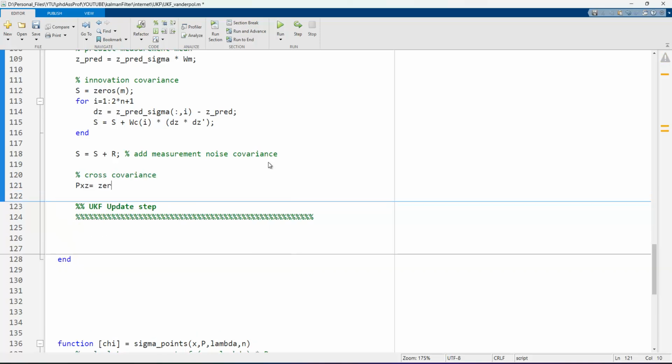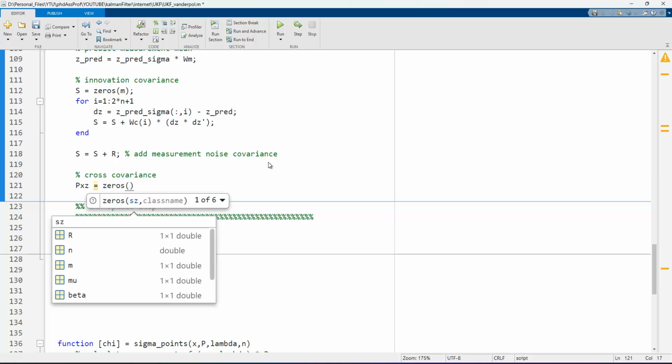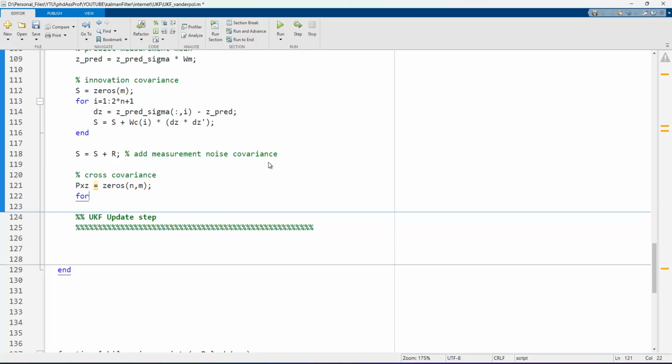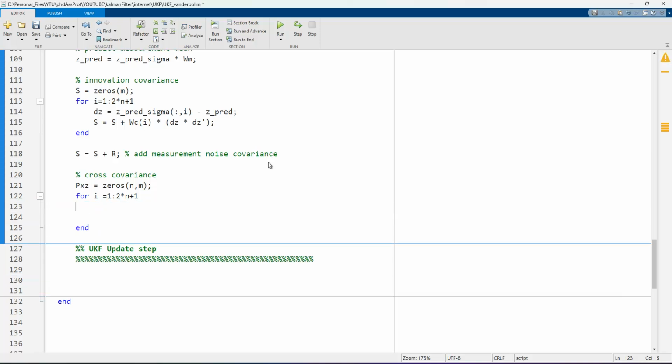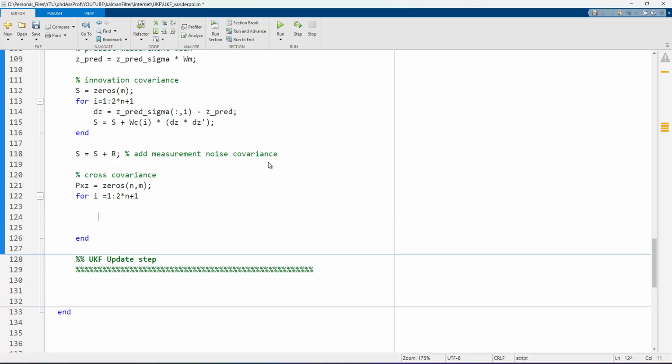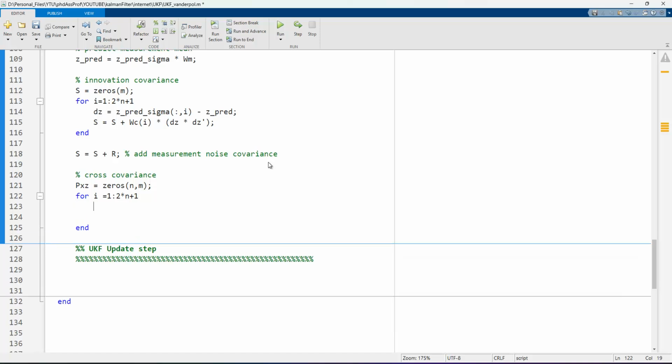Pxz is equal to what? The zeros n and m, for i 1 to 2n plus 1. Okay, and so these values, dx is equal to what?